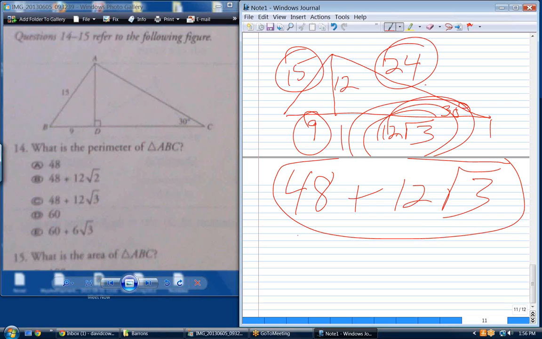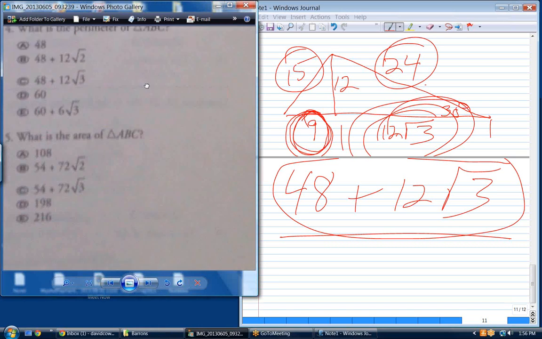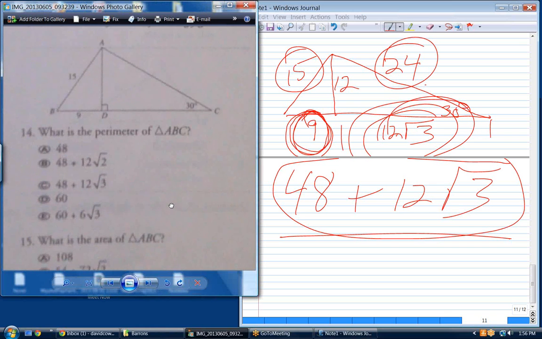I ended up with 21 square root 3, and I just added the square root 3. That's the mistake I made. But notice, this is not 9 square root 3. We cannot add 12 square root 3 to just 9. That's like adding apples and oranges. Okay. But since I noticed that that's not on there.